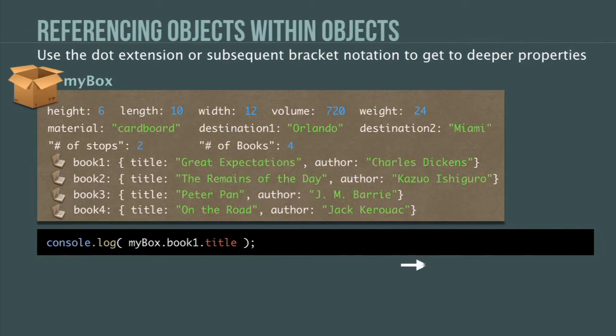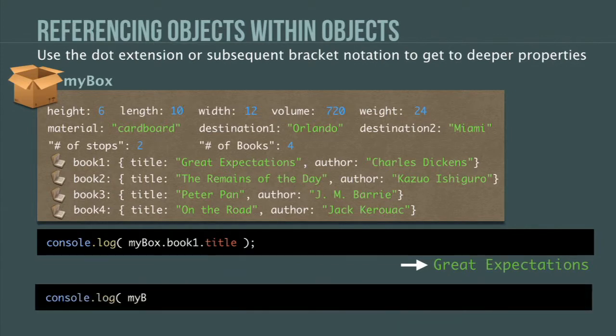And what do we get? We get Great Expectations. Another way of doing that, of course, is with the bracket expression. So we could use myBox on book4, which pulls out the book4 object, and then looks at the author property inside of book4, which gives us Mr. Jack Kerouac.